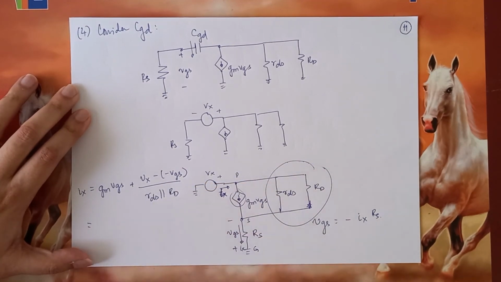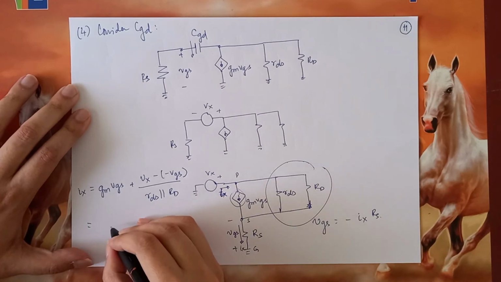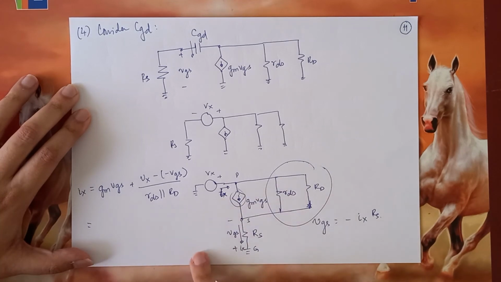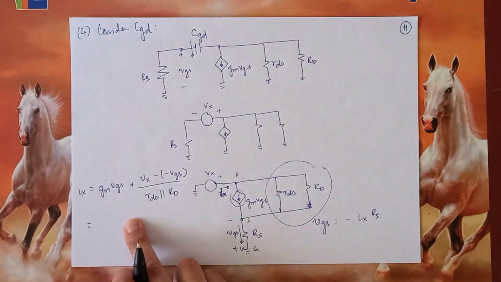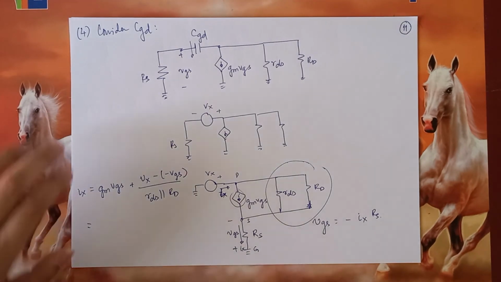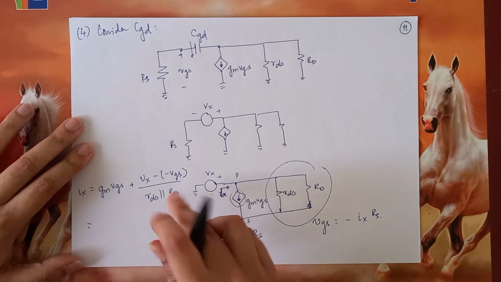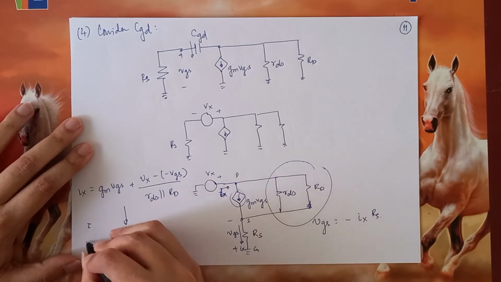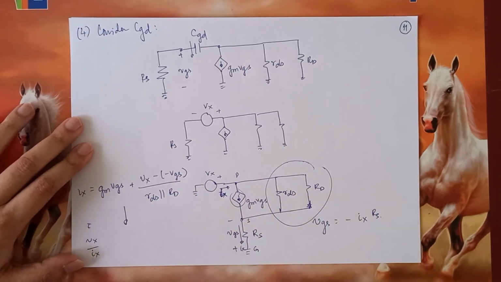So if you open this out, what you will get is essentially, just from here you can find out what is Vx by Ix.